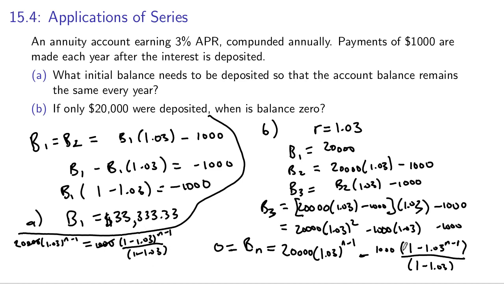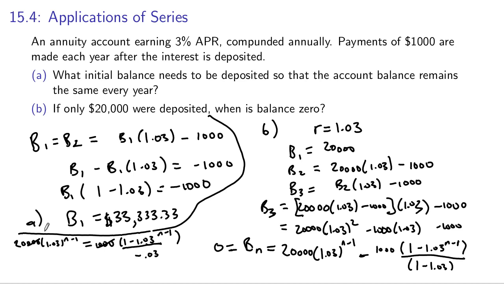I'm sorry, I've got this wrong. I've copied this wrong. The parenthesis is on the outside, not the inside. Remember, the n minus 1 applies to the 1.03. So we can go ahead and do this subtraction. 1 minus 1.03 is negative 0.03.